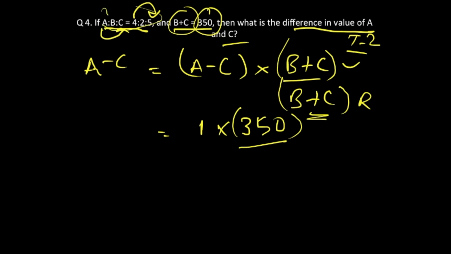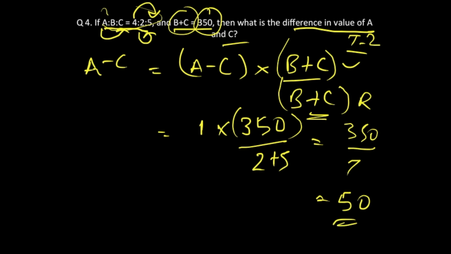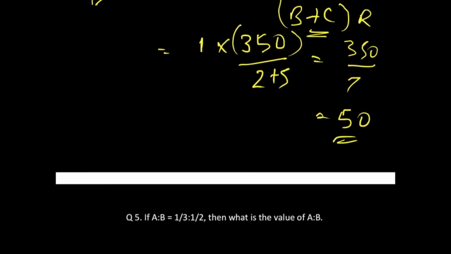So you add the ratio values of B and C, which are 2 and 5. So 2 plus 5, so this becomes 7. So 350 upon 7 is 50. So 50 becomes the difference between the values of A and C. Alright, let's have a look at the next question.